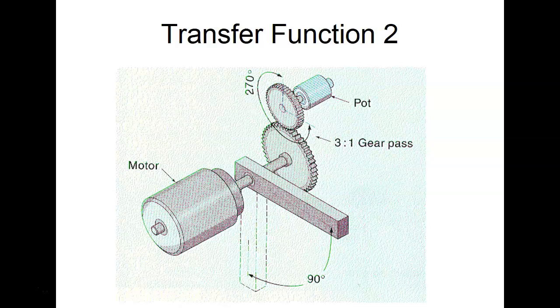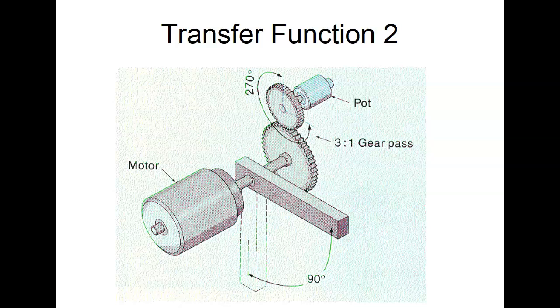We have to take into consideration gear ratios. By the way, on gears you can tell what's going to happen. So this right here would be what we call a speed multiplier. It wouldn't create much torque, but it would be a speed multiplier. This would definitely have to be a multi-turn pot.